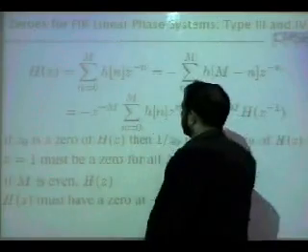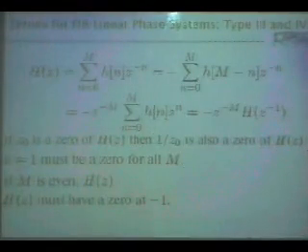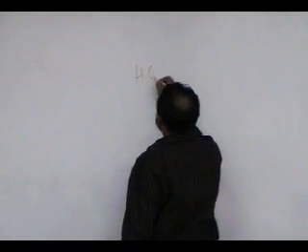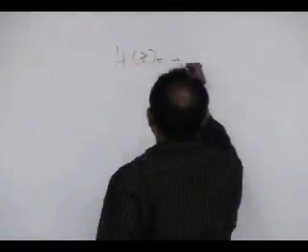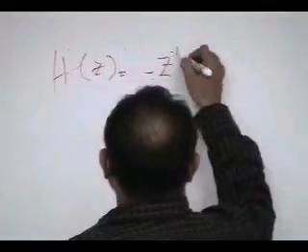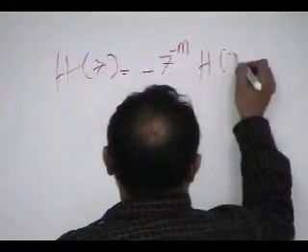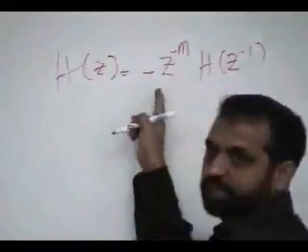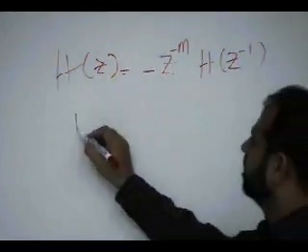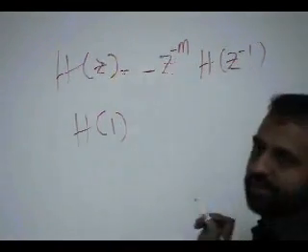If you put z equal to 1, let's look at both 1 and minus 1. H(z) should be equal to minus z raised to the power minus m times H(z0). This negative sign is because it is a type 3, type 4 filter. So find the value of the function at 1.